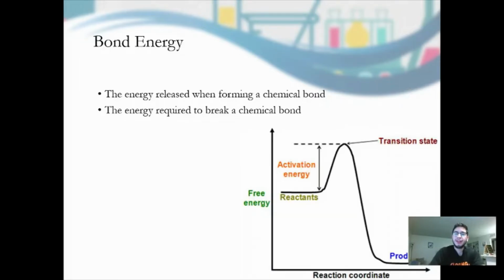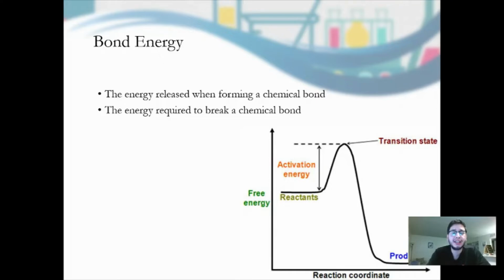If you remember back from one of our first lessons of Unit 8, I showed you what a chemical reaction diagram looks like, or the reaction coordinate diagram. In an exothermic reaction, the reactants are usually higher in energy than products.